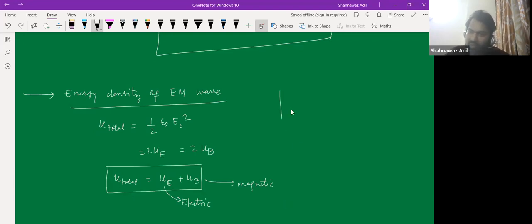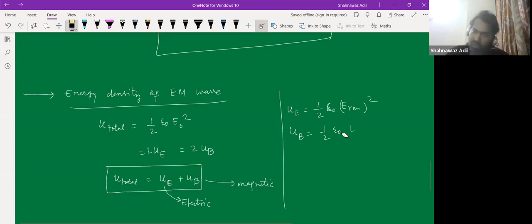And we have this electric field energy density, which is equal to half epsilon naught E rms squared, and U B is half epsilon naught B naught squared, rms squared.